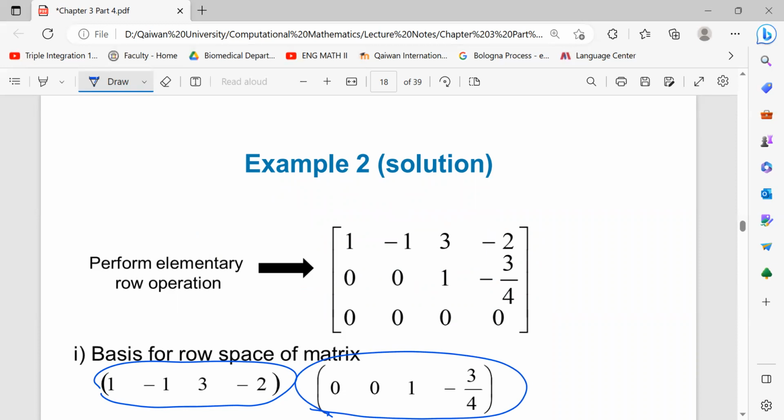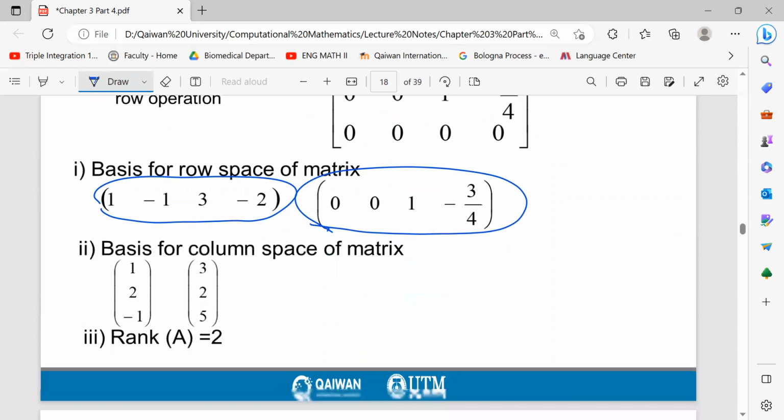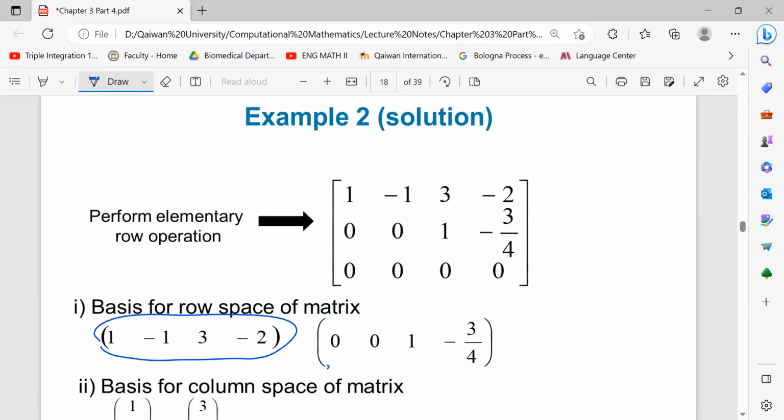Okay, so what is the basis for the column space? We first select the leading terms, which are 1. We just choose these leading terms. Then the position here is in row 1, and this is in row 3. What we do, we return to the given matrix.